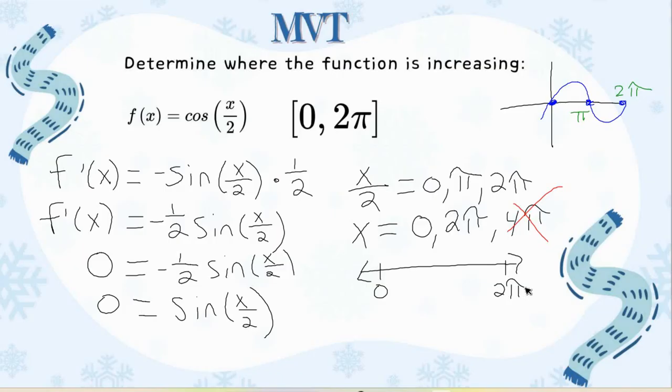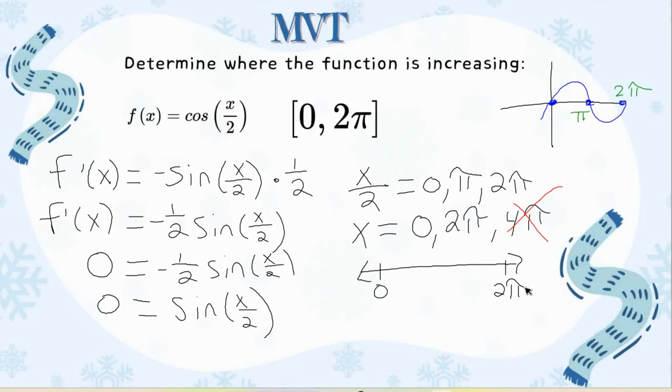So I need to know, is it increasing or is it decreasing? Remember, when I have something dividing by 2, this is the b value. If my b value is a fraction, it's going to stretch out the period. So now this is going to be decreasing from 0 to 2 pi. Question?